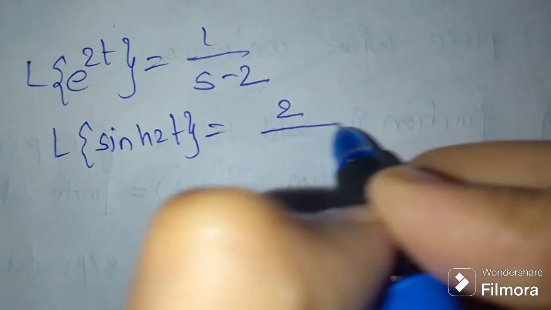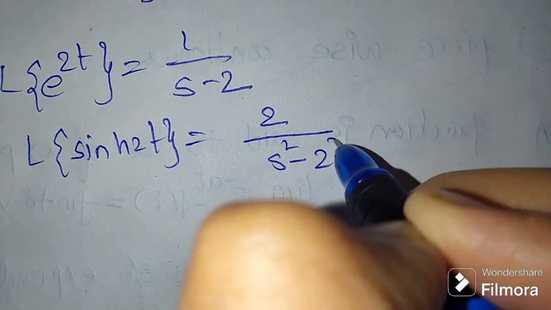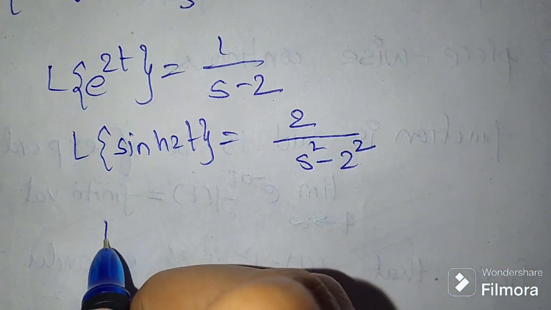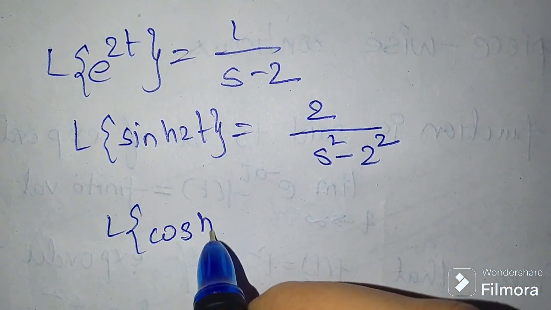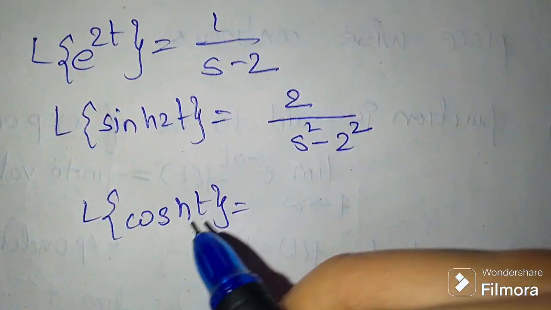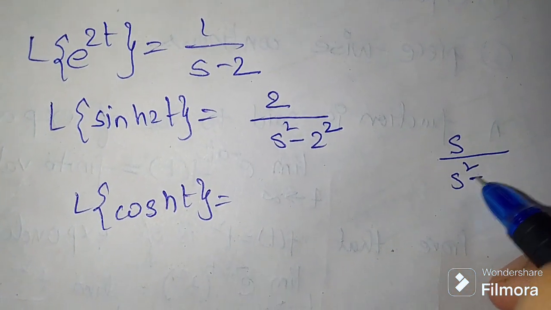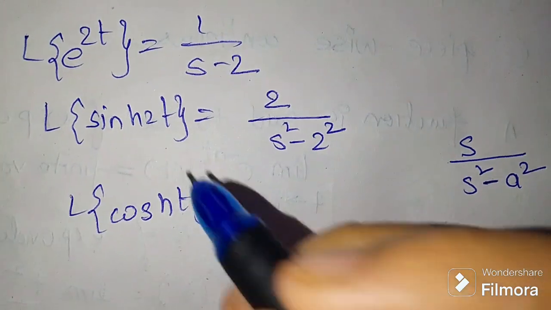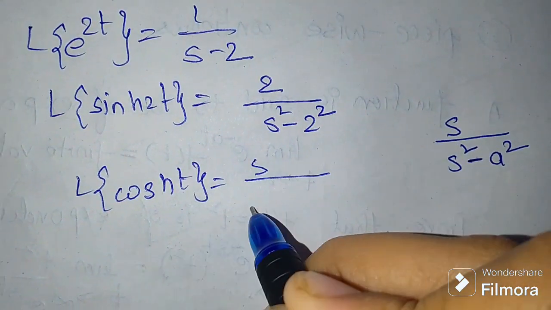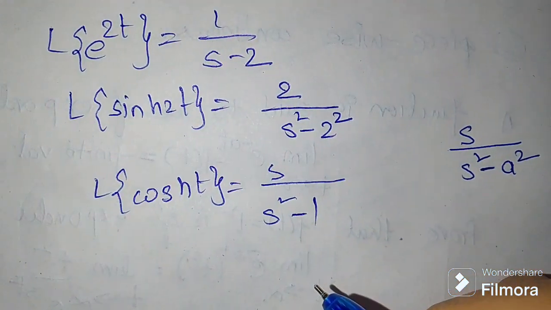So 2 by s square minus 2 square. And Laplace of cos ht is what? We should use s by s square minus a square. So s by s square minus 1.